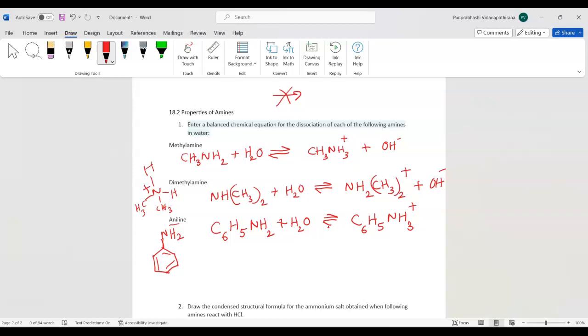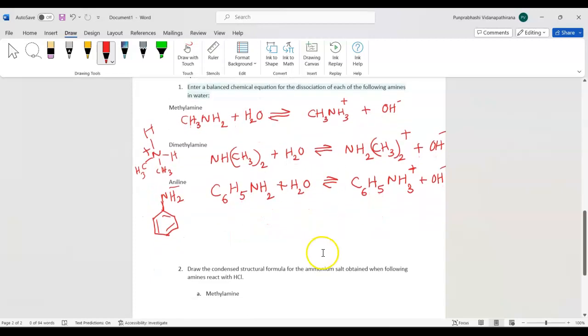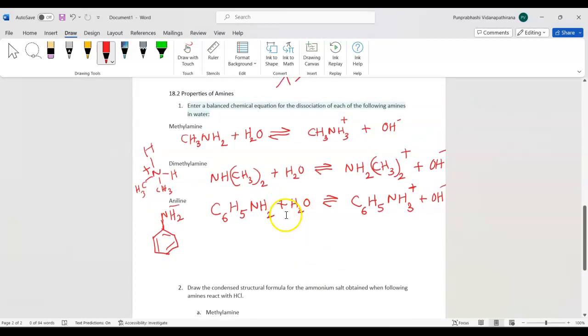When you're writing a chemical equation, always write the positive charge after you write the formula. Plus hydroxide is the other product. So these are the chemical equations for the dissociation of the amines. You can see these are called ammonium ions, and hydroxide ion is the other product.